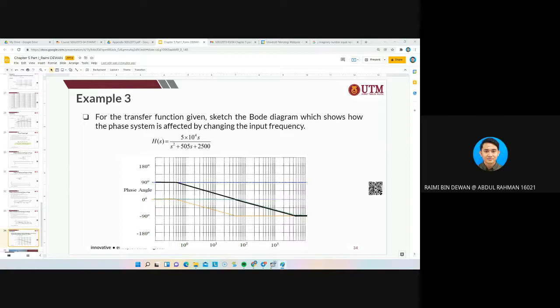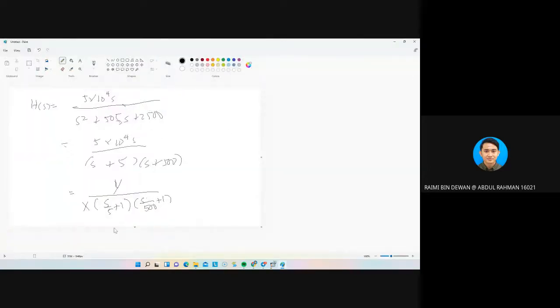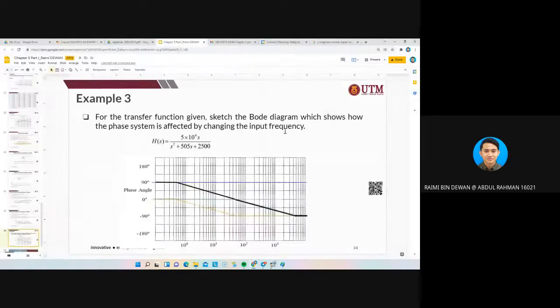So s over 5 plus 1, s over 500 plus 1. And then x is what? And then y is what? Try to make, you see this one, I'm trying to convert to the standard form. Try this at home, and it's given here.